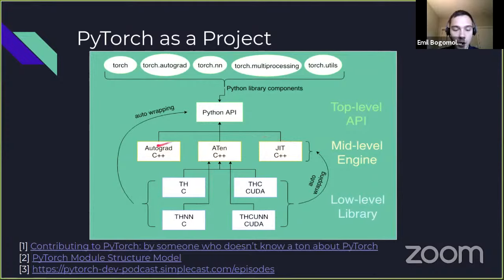And at the C++ level, we have the module ATen that is based on a lower level C library that does efficient computation with tensors and algebra with multidimensional arrays. To understand how PyTorch looks as a project, you can visit this second link, the PyTorch module structure model from the University of Delft.